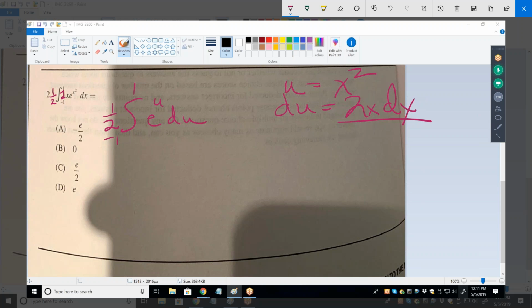Okay. So what's the integral of that? The integral of that is just e to the u. So e to the x squared, which we're going to evaluate from minus 1 to 1. In other words, as long as I substitute back in before I evaluate it, then I can evaluate it at the same thing.